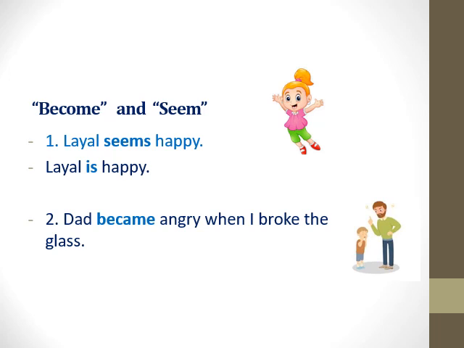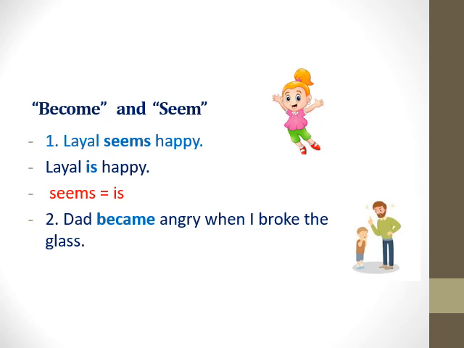So first it was Layal seems happy. Now Layal is happy. Does the meaning change when I change the verb seems to is? Layal seems happy and Layal is happy. Same meaning. The meaning doesn't change because seems equals is. It gives the same meaning.